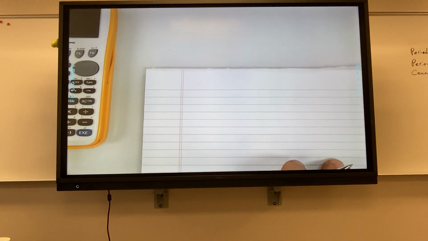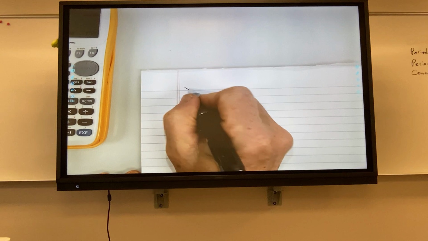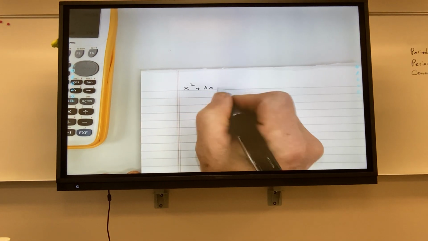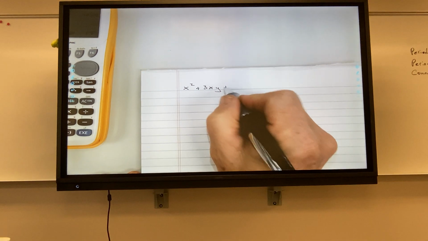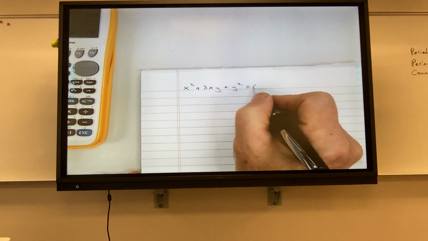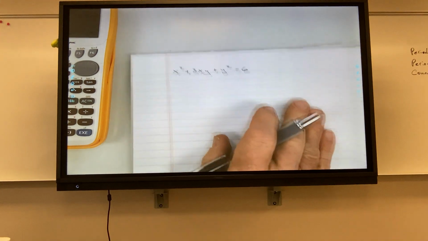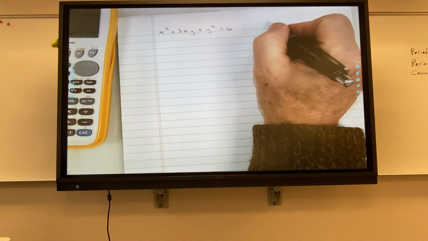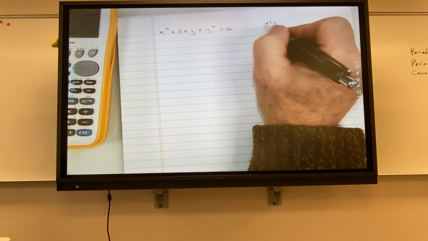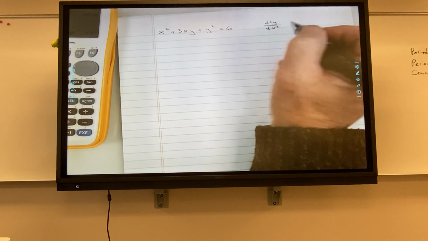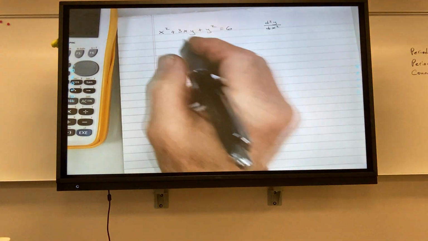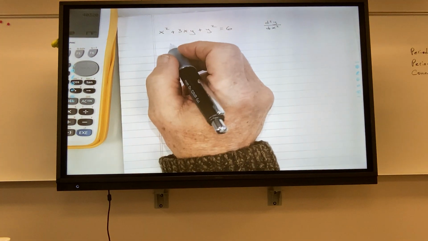Yep. x squared plus 3xy plus y squared equals 6. You want me to find second, third, fourth? We're just going to find the second because I don't want people to hit me for finding anything else. So tell me where to start.